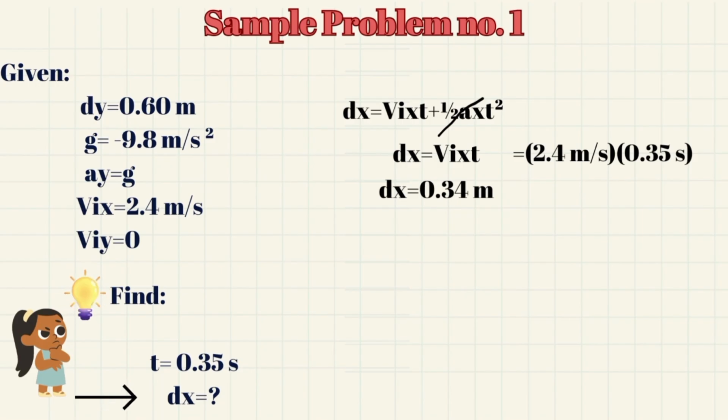Let us substitute again: we have 2.4 meters per second and 0.35 seconds. The answer for that is dx equals 0.84 meter. As easy as that.